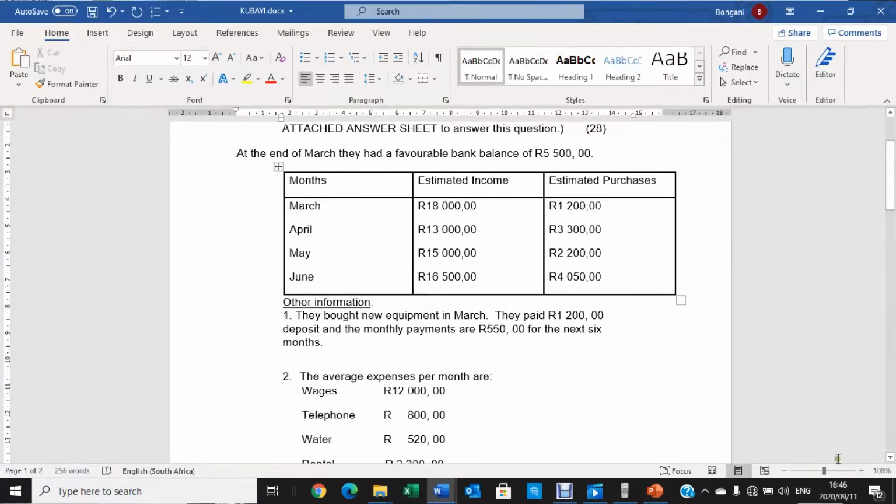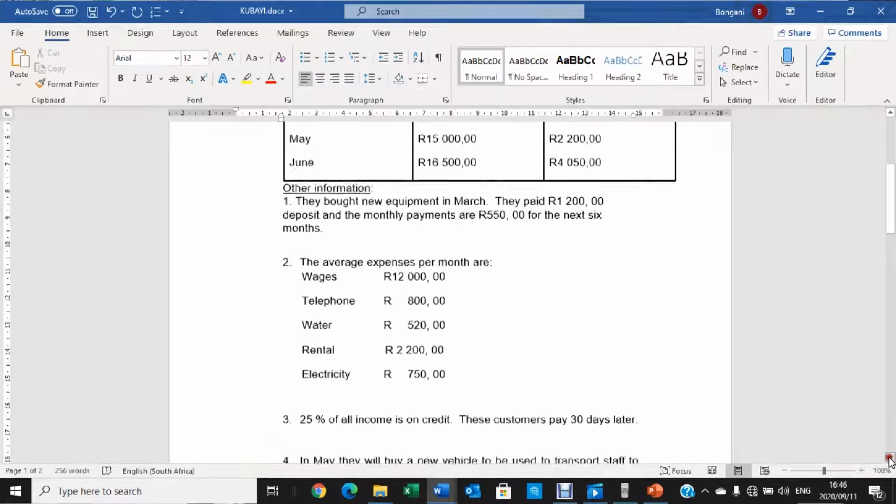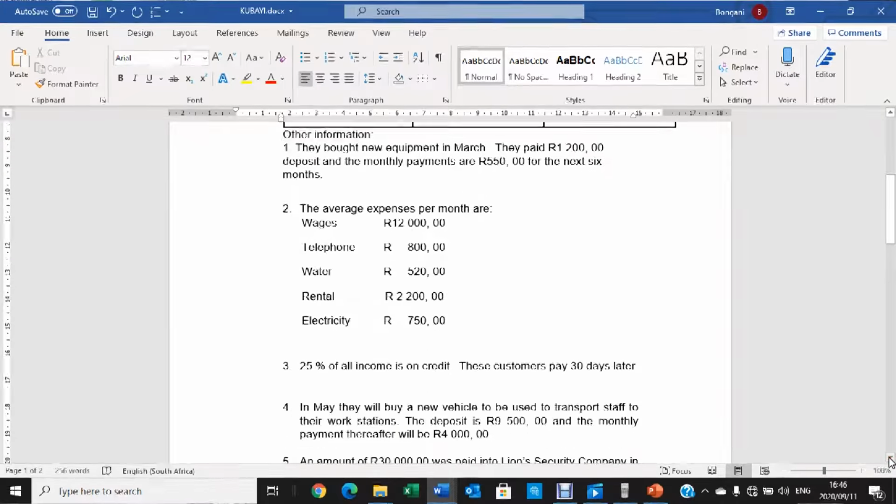Remember adjustment number 3 said that 25% of all income is on credit, and these customers pay after 30 days. Meaning only 75% of that amount will be received that month, and the 25% will be received after 30 days.